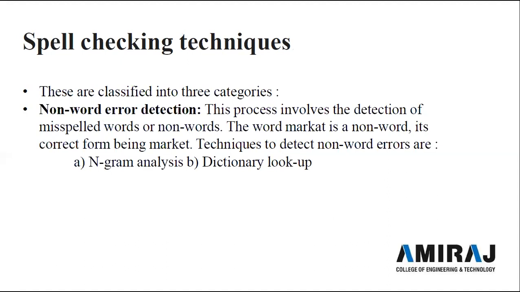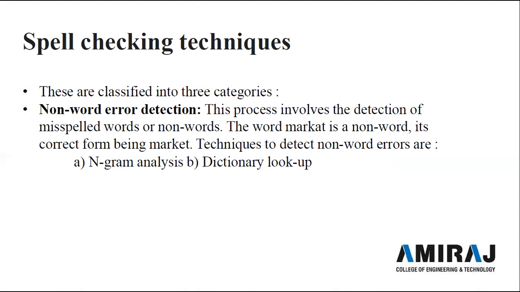So the process that will help us to identify such kind of misspelled words is known as non-word error detection, right? So the example given here is of markt, right? So markt is the wrong word. We have to spell it like market. So we have two techniques for that. First one is n-gram analysis and second one is dictionary lookup.